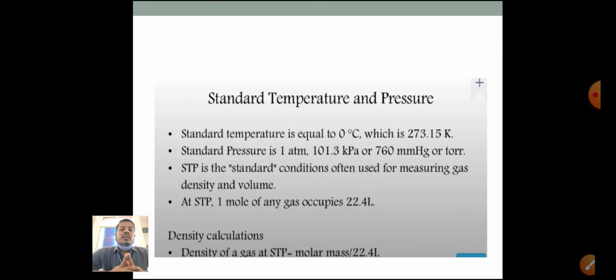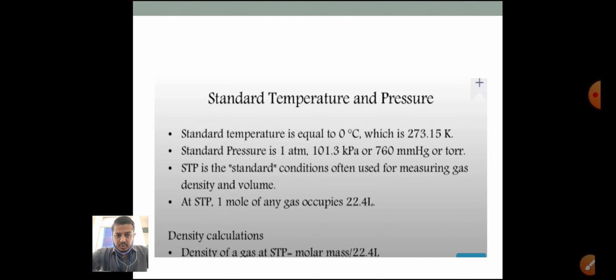STP is the standard condition often used for measuring gas density and volume. For example, at STP, 1 mole of any gas occupies 22.4 liter of volume. In the same way, for density of a gas at STP, it is molar mass divided by 22.4 liter.